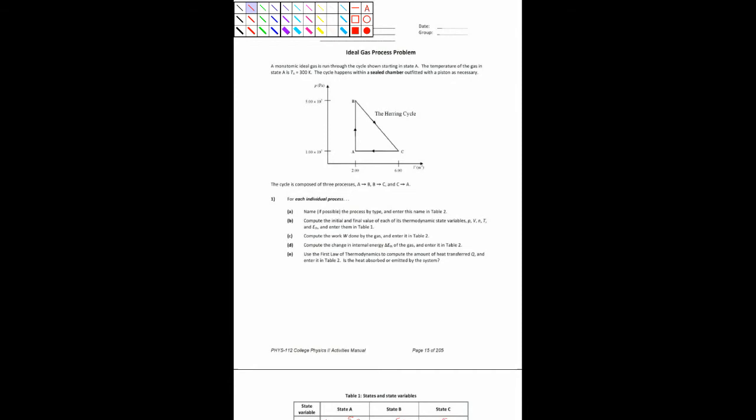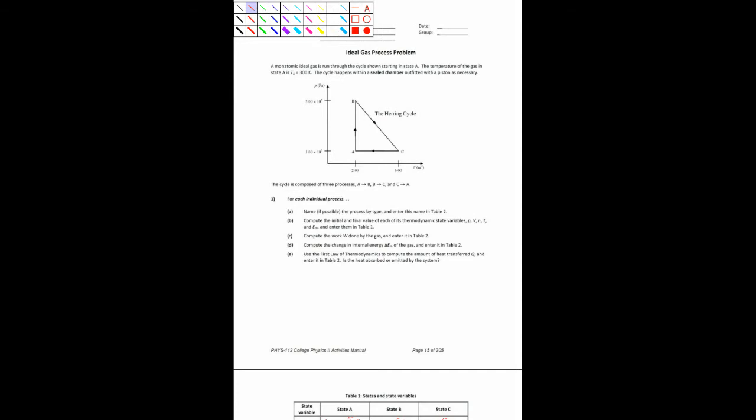We have a certain ideal gas process shown in the graph on this first page. In this process we move through three different states. We move from state A to state B to state C via the graph as shown. So this is called a Herring cycle.